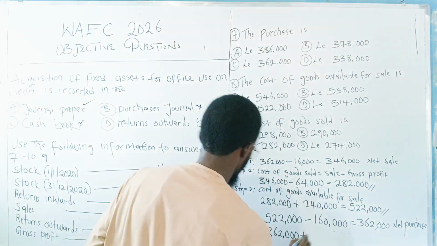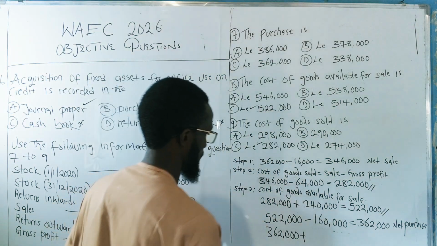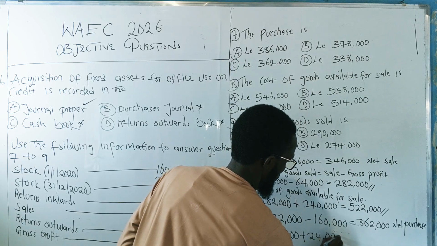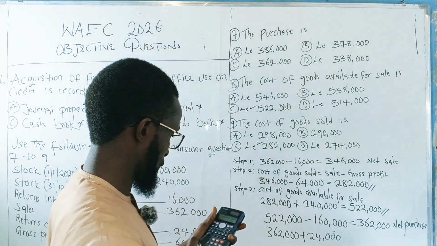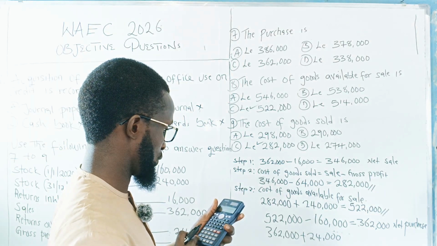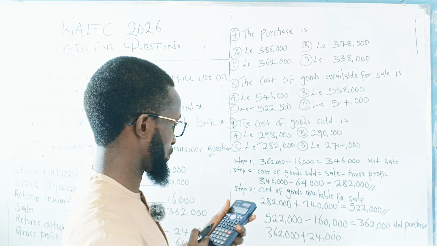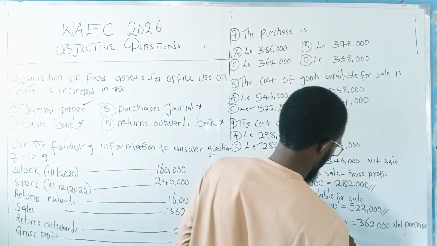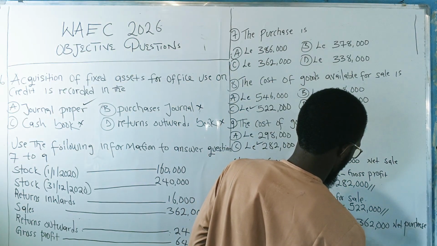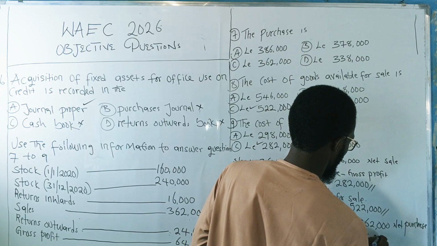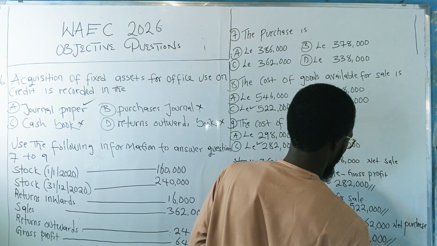Return outward is 24,000 lei. 24,000 plus 362, the total you have is 386,000 lei.